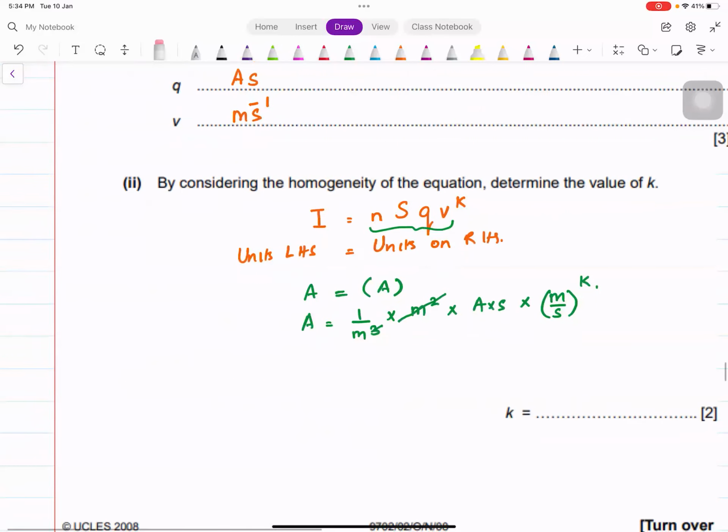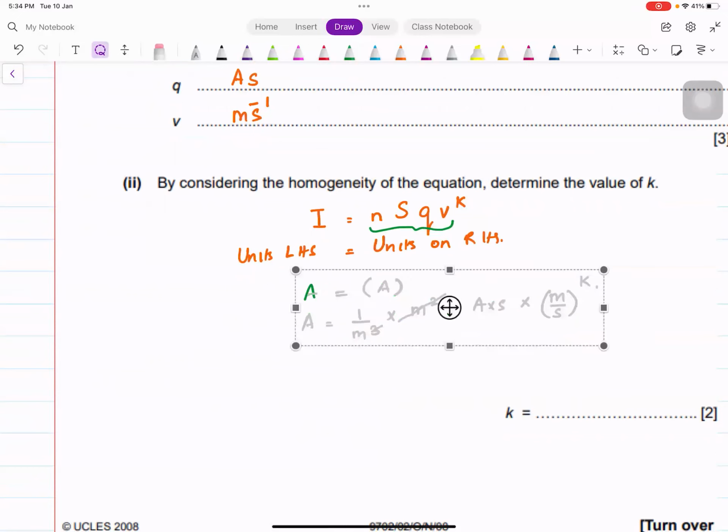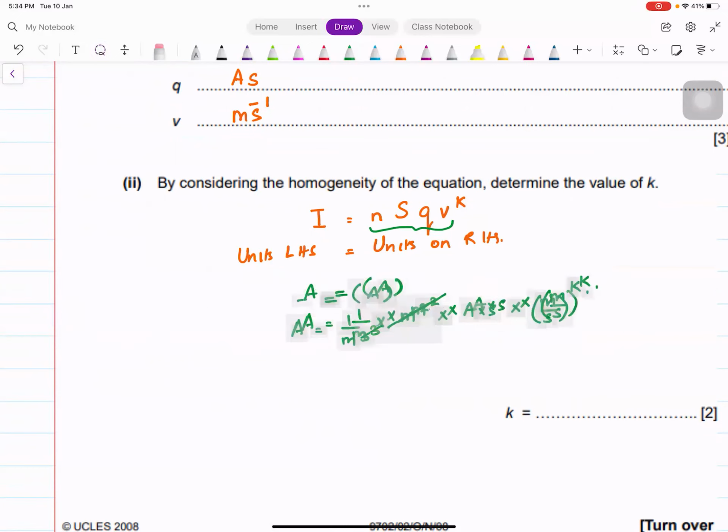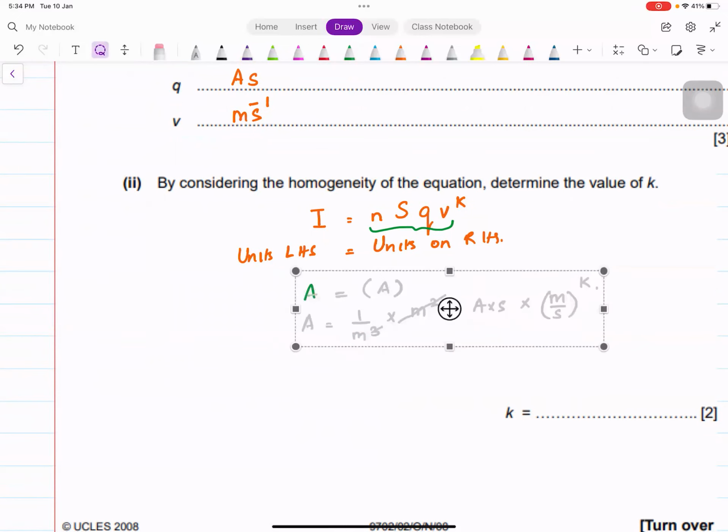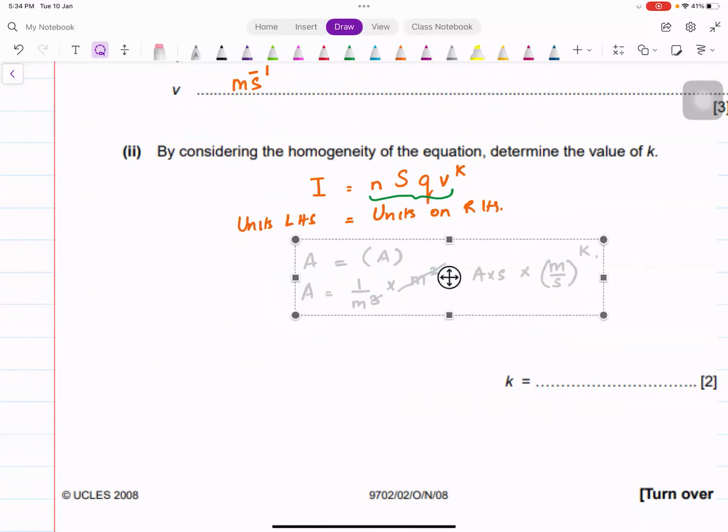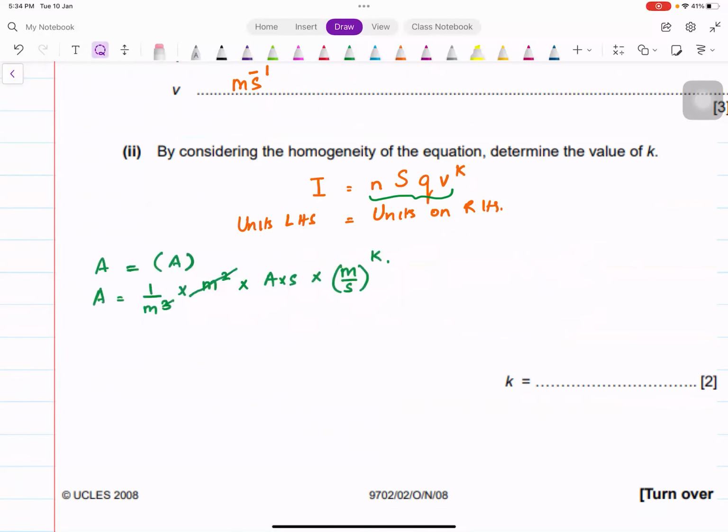It's getting a bit clunky. So what I'm going to do is say this is 1 upon meter times ampere times seconds, and it is M to the power K and S to the power K, because the power can just be put on each of the units there. Then the issue would be that we need to actually solve this.